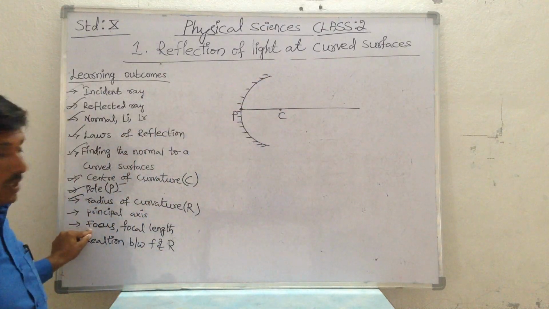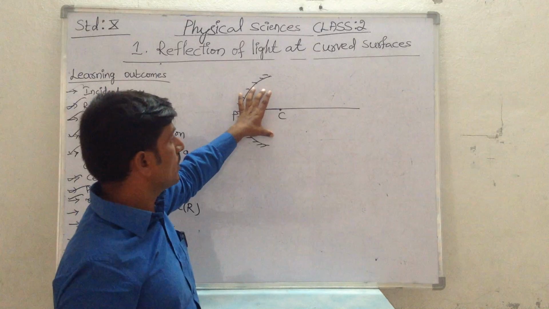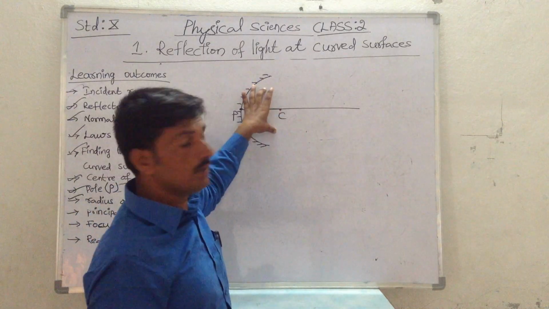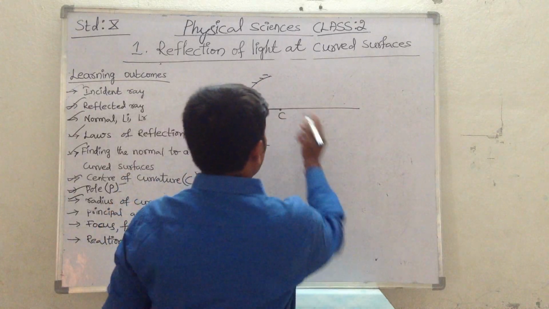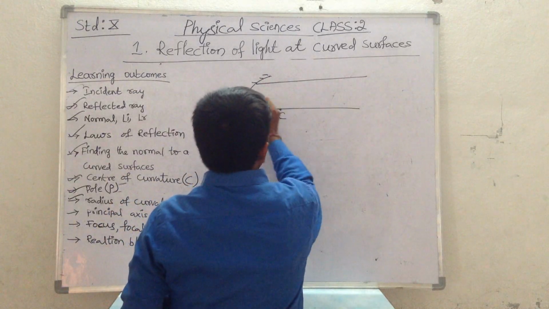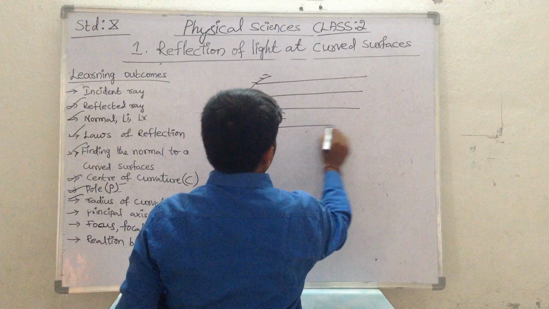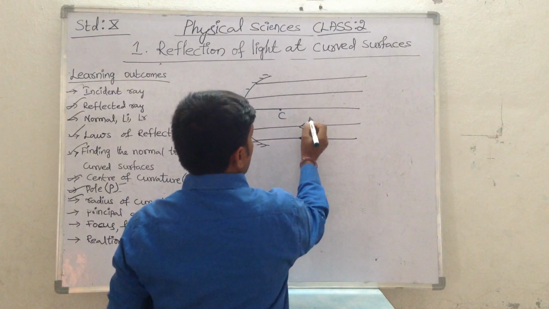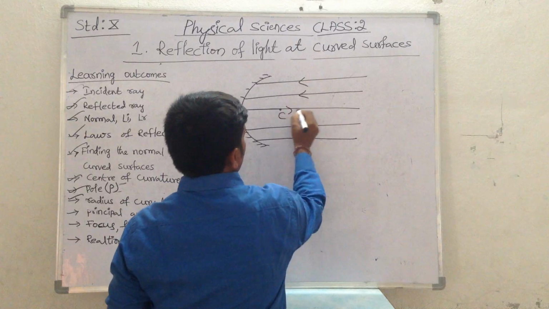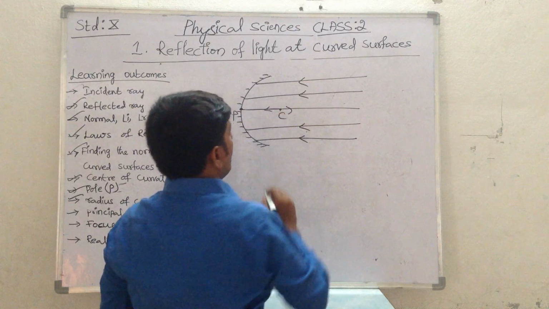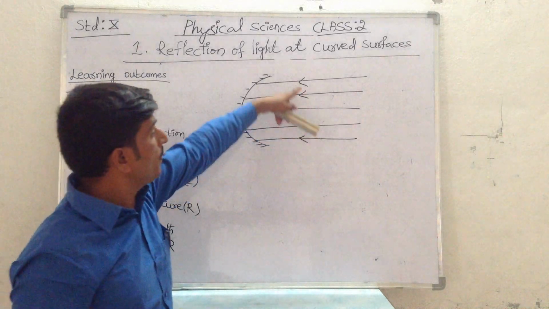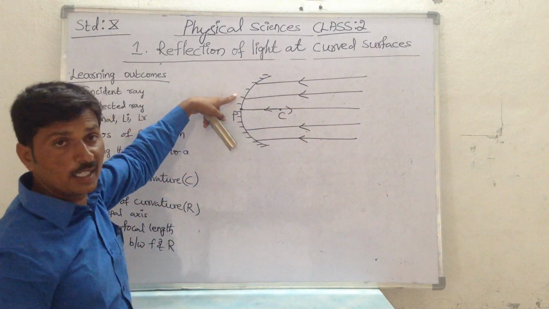And the next one is focus. Suppose a parallel beam of light is placed in front of this concave mirror. These are the parallel rays, which we indicate as incident rays. The parallel beam of light is incident on the concave surface.